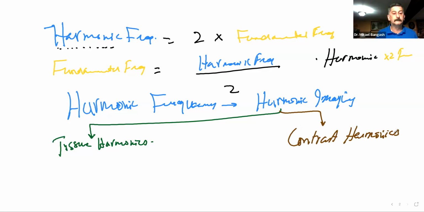So we have two types of harmonic imaging: tissue harmonics and contrast harmonics. Did you guys get that? Yes. Okay.